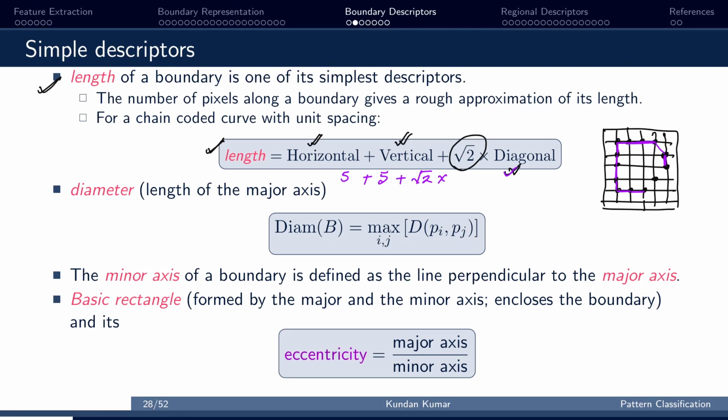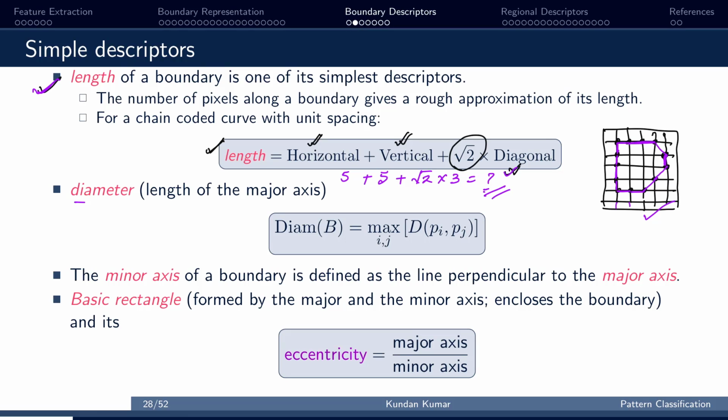Here 1 diagonal, 2 diagonal, and 3 diagonal. When you compute this value, this will be the length of the perimeter, because here each grid is of unit distance. Okay, so this will give the length descriptor.